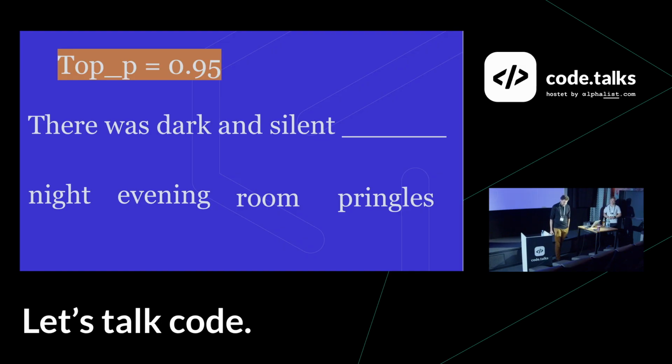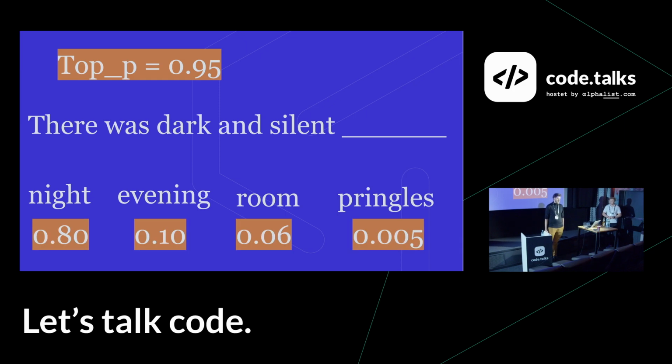And let's say if you set top probability to be 0.95, in a specific context the model has a certain probability distribution, and if night is 0.8, evening is 0.10, and room is 0.06, then only those three will be selected because they sum up to the value of top P.